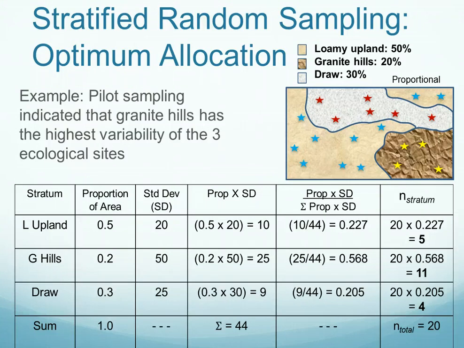So based on our pilot sampling, we already know the proportion of the areas, and we are able to determine some measure of variability, the standard deviation in this case, for the different sites. And we can see that loamy upland has less variability than the Granite Hills.